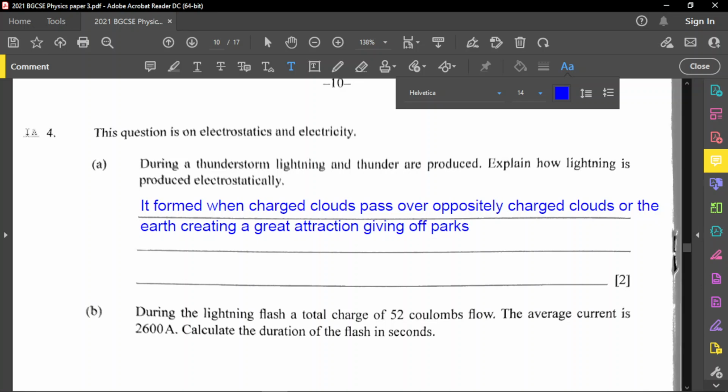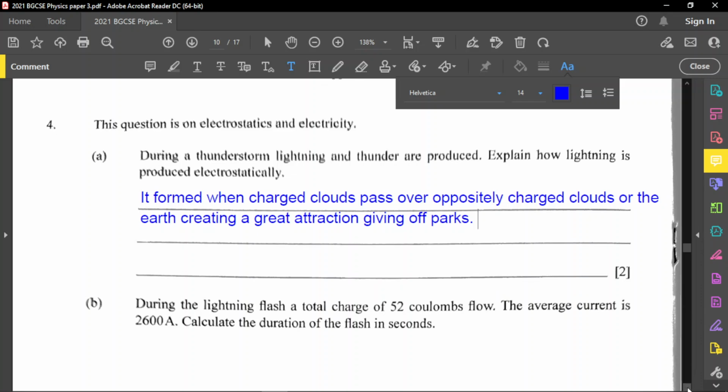And so these sparks that are given off are what is called lightning. So the difference in charge, because remember, based on electrostatics, charges are generated by either losing or gaining of electrons. So one cloud may become positively charged and the next one may become negatively charged because they lose electrons. And while passing over each other, it will create that spark, and then definitely you're going to get the lightning effect.